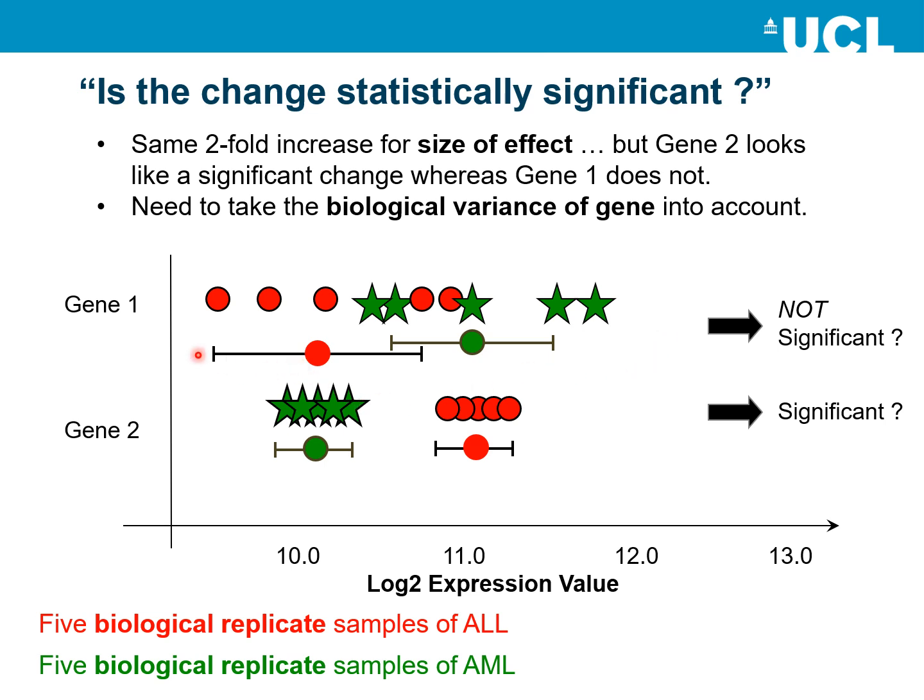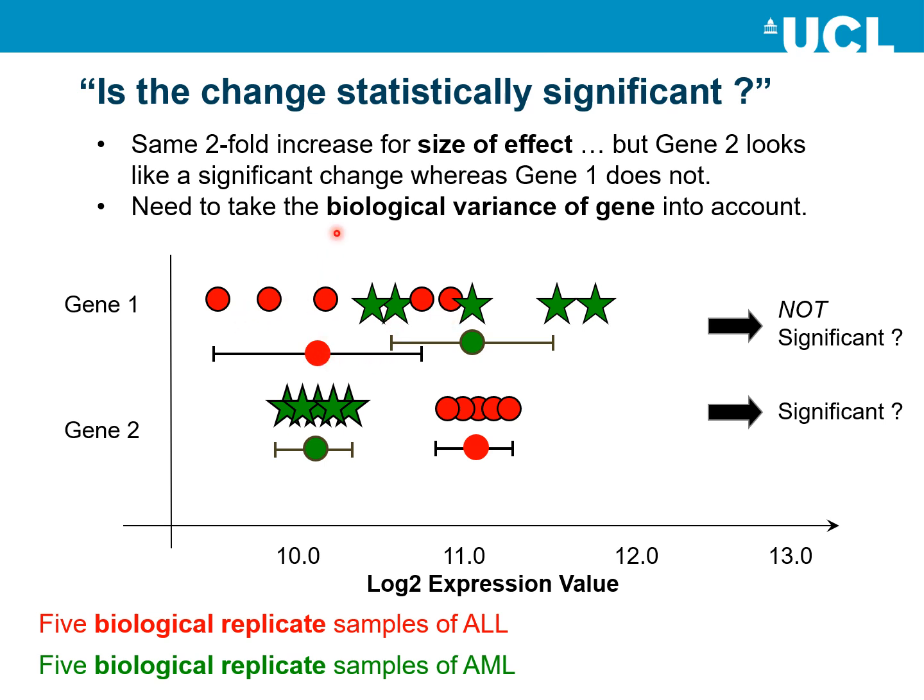But this is the general idea, that we may have a twofold increase or a twofold decrease in both of these genes, gene 1 and gene 2. But if gene 1 has something to do with glucose metabolism, and the patient's diet is not controlled during the experimental setting, then the glucose metabolism enzyme may be all over the place from sample to sample.